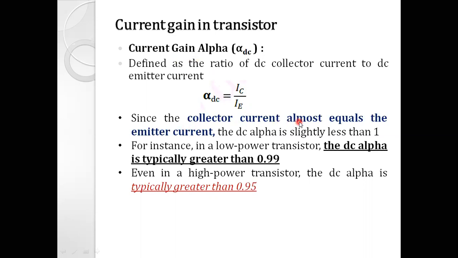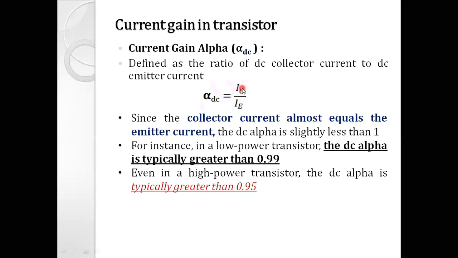Since the collector current almost equals the emitter current, the DC alpha, or you can say the current gain alpha, is slightly less than 1. Right? If we think that IC is exactly the same as IE, then we can substitute IE here. So IE divided by IE is equal to 1. That is the maximum value of the current gain. But in practice, the magnitude of IC is slightly less than IE.